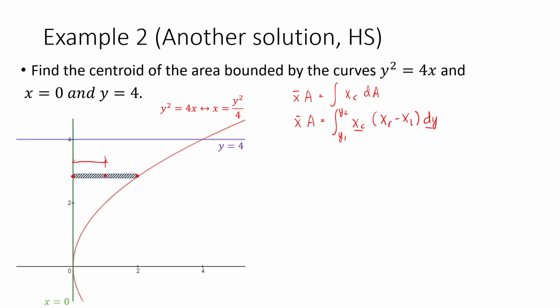So this will be our x sub c. So by midpoint formula, x sub r, x sub c, and then x sub l. So by midpoint formula, x sub c is equal to x right plus x left all over 2.